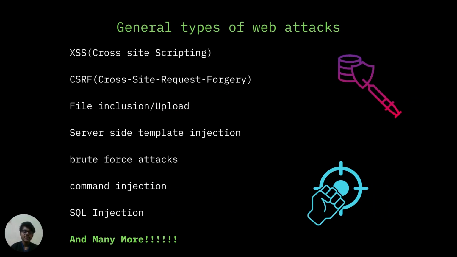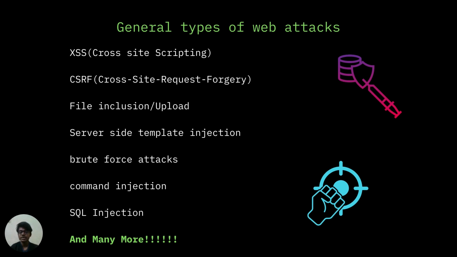Now, there is a large variety of attacks to exploit web systems. Among them, some common and well-exploited ones are brute force attacks and XSS, or cross-site scripting. XSS is quite a popular attack used to exploit JavaScript websites. Cross-site scripting works by manipulating a vulnerable website so that it returns malicious JavaScript to users.